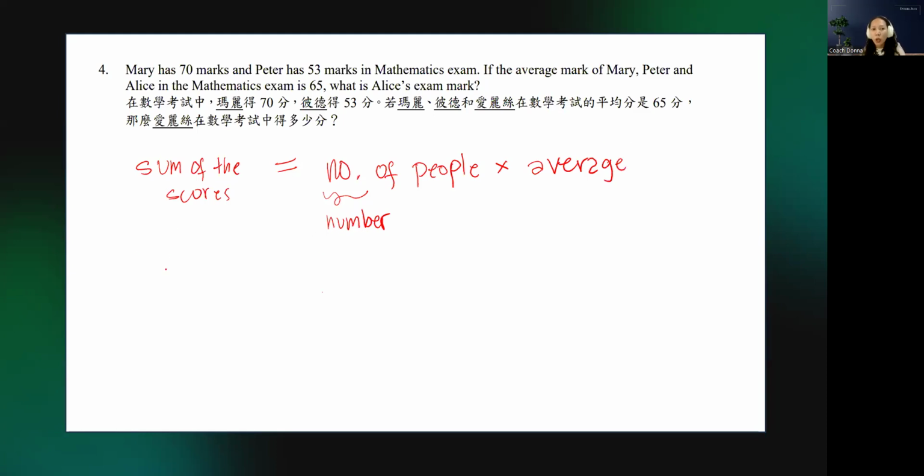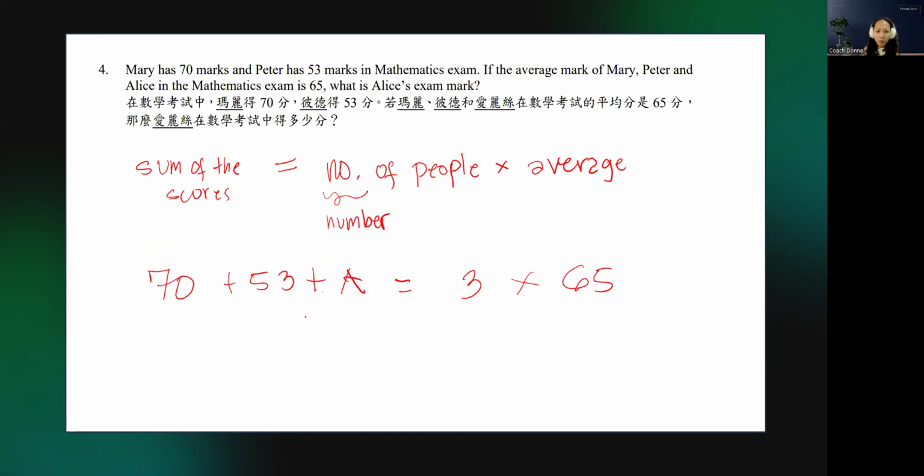So sum of the scores, when you say sum, we're going to add. So you have 70 marks for Mary, and then Peter has 53, and then Alice's exam mark is unknown. The number of people is 3 because we have Mary, Peter, and Alice, and the average is 65.